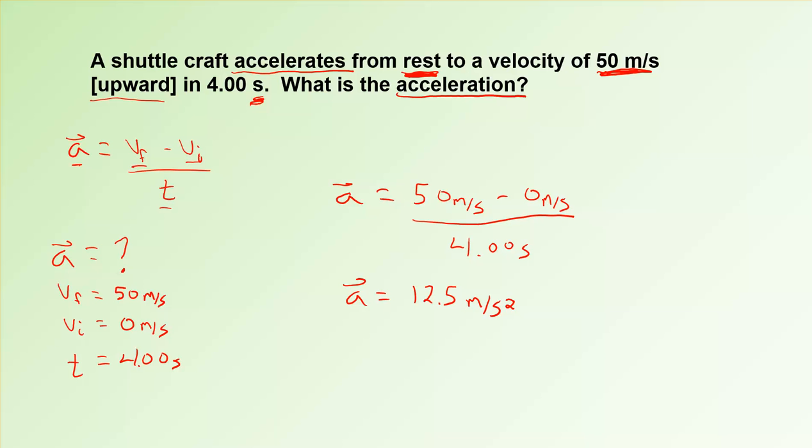Looking back at the question, my seconds had 3 significant digits, but my 50 meters per second had only 2. So I want my answer in 2 significant digits, and I'm going to have to round my 5 up. My acceleration becomes 13 meters per second squared, and that would be the answer for this question.